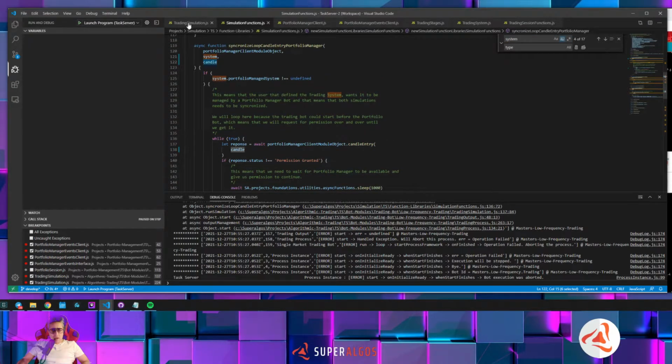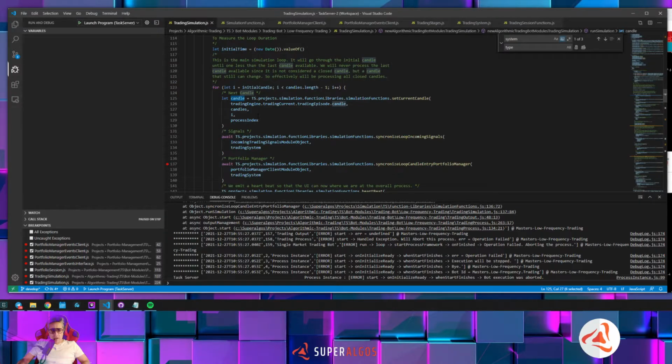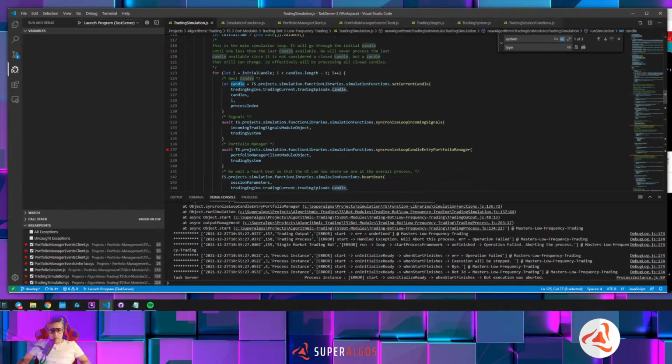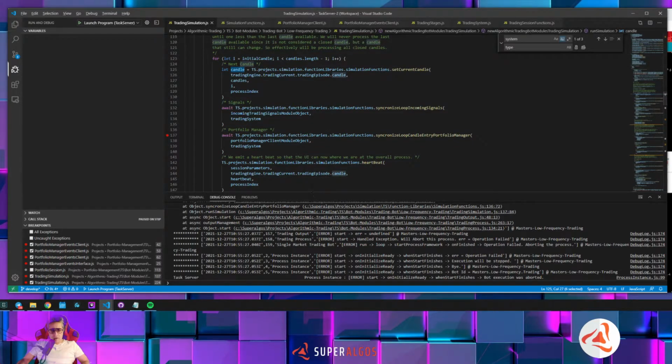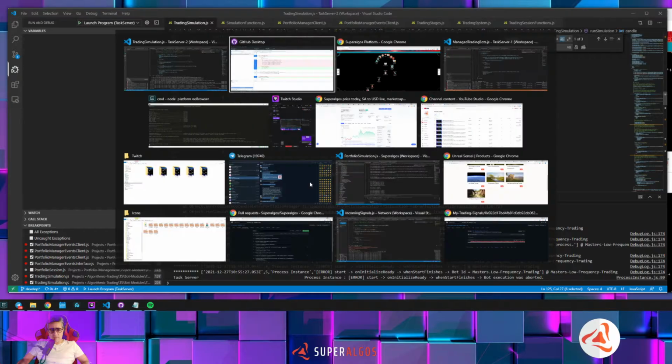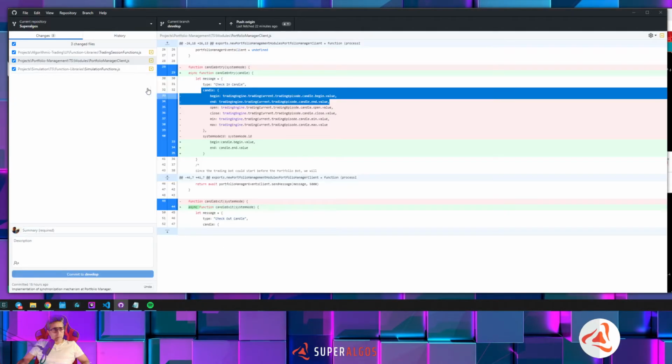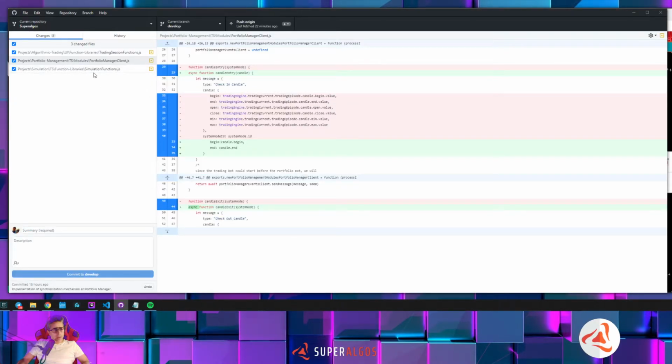and in here we added, or we did not. Did I change something here? Simulation functions.